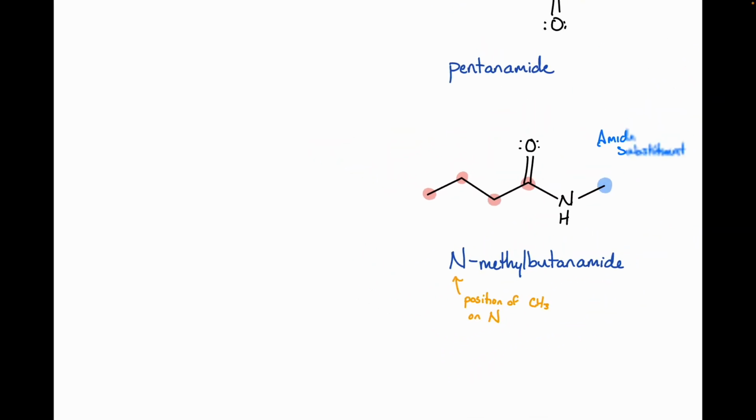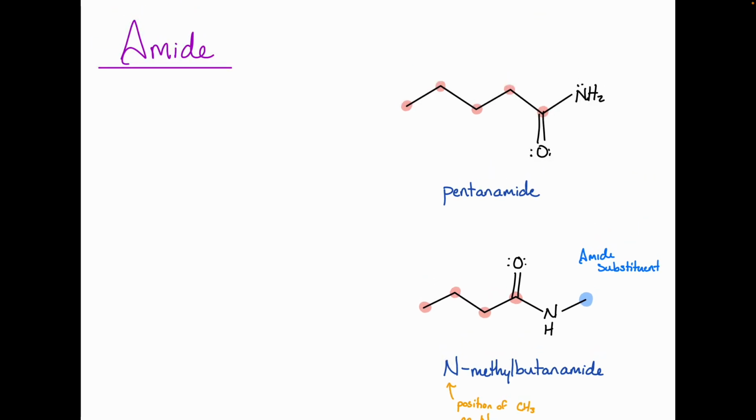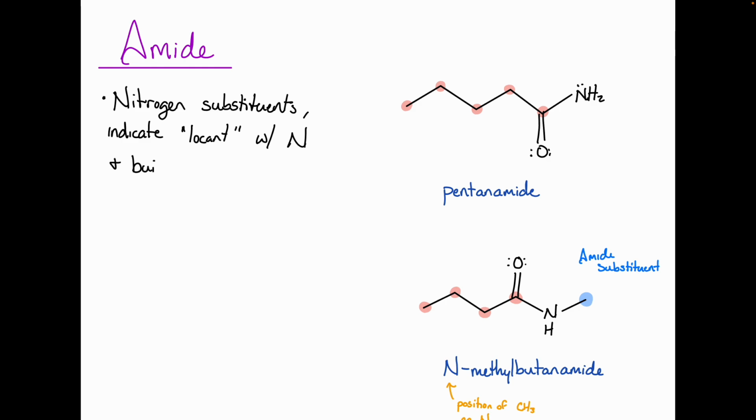Okay, so let's just note here for amides, for our nitrogen substituents, we indicate the locant with that letter N, and then build into our name like a normal substituent.